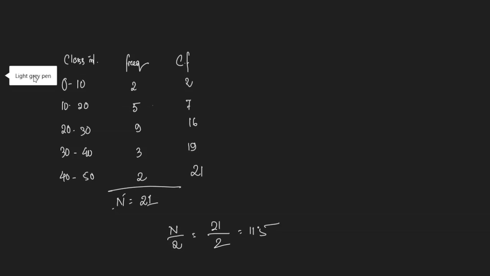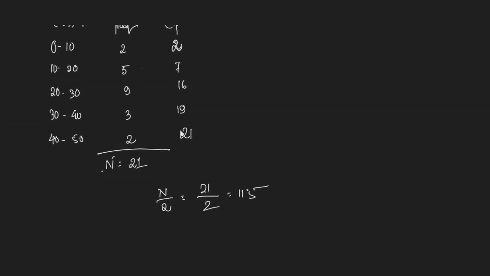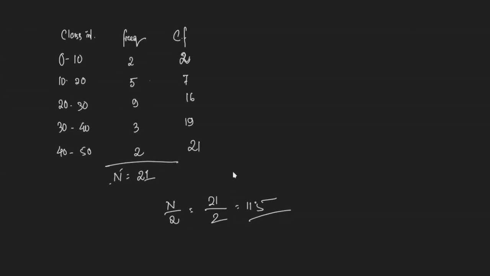So the steps of median are: first you find the total frequency, then you find the cumulative frequency, then you find n by 2. You got 11.5. Now in the cumulative frequency column you have to find a value which is just greater than 11.5.